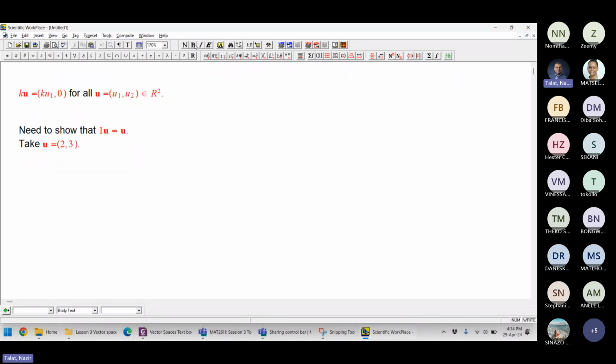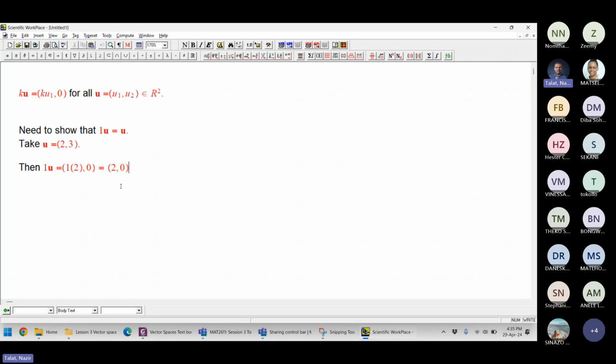If we take u equal to this, then what about 1 times u? 1 times u becomes 1 multiplied with (2, 0) according to the given scalar multiplication, and then it becomes (2, 0).